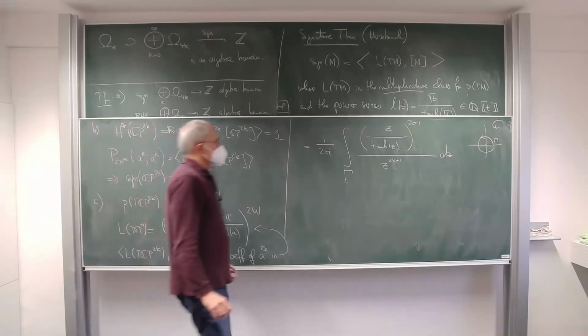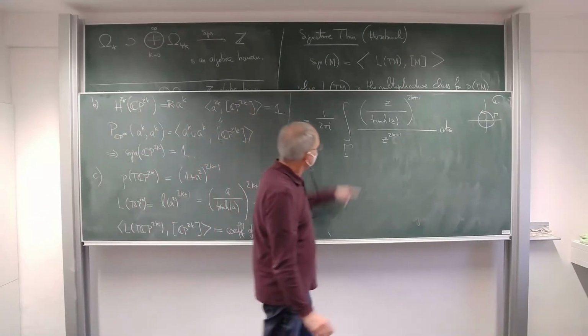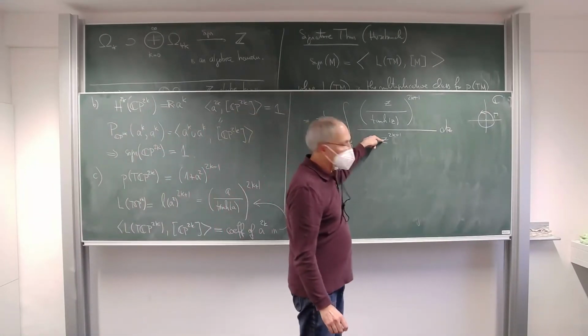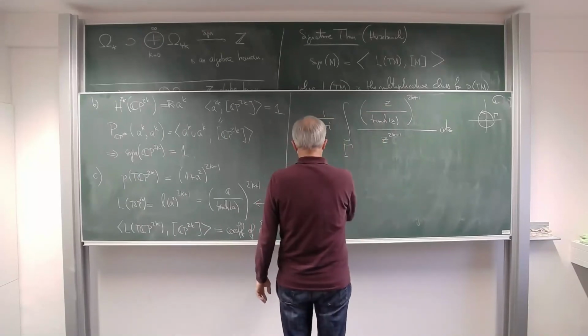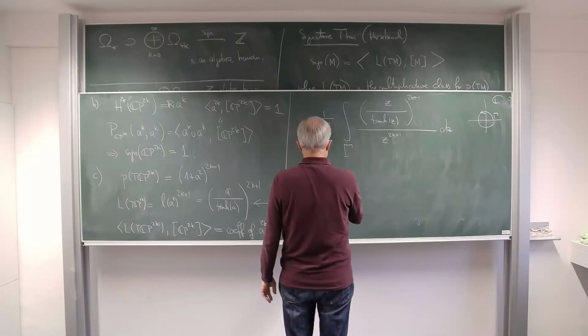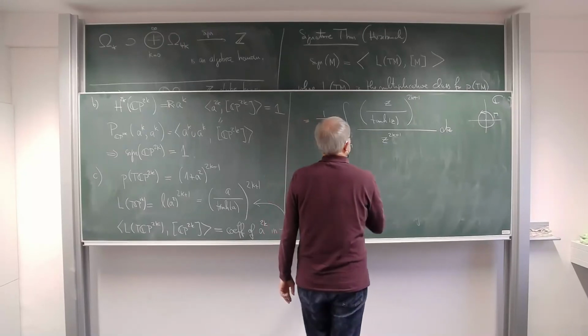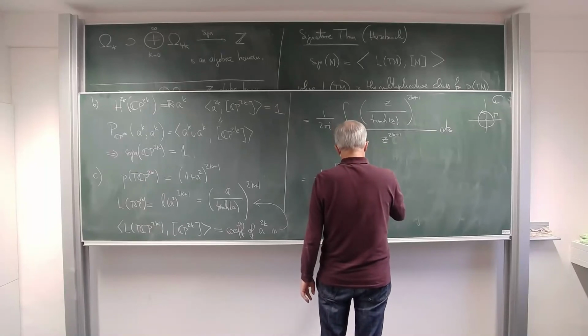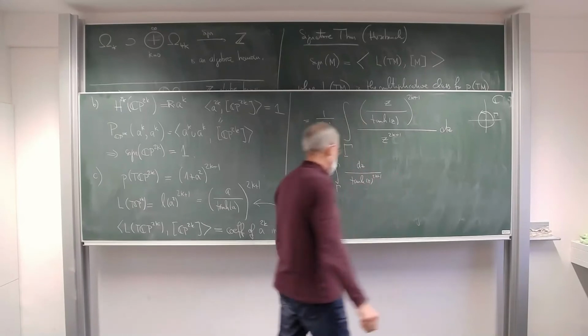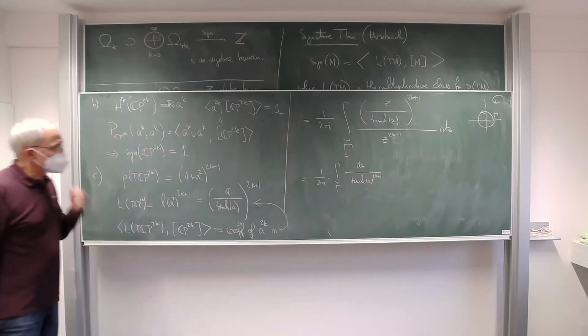All right, that's actually pretty good, because the z that I had to divide out here exactly cancels that z. So I can simplify this somewhat. So I get z divided by hyperbolic tangent z to the power 2k plus 1. So that's what we want to compute.